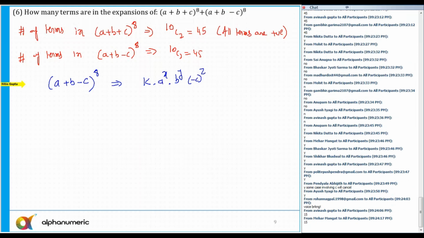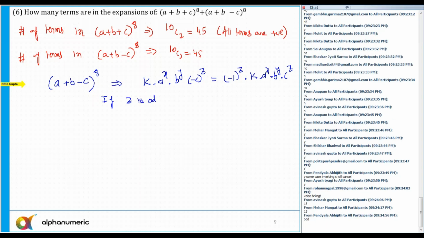So this will be equal to minus 1 raised to power z into k into a raised to power x into b raised to power y into c raised to power z. Now when will this entire expression be negative? Tell me. If z is an odd number, then we'll get a negative term.